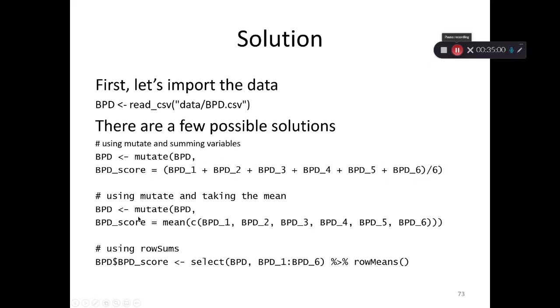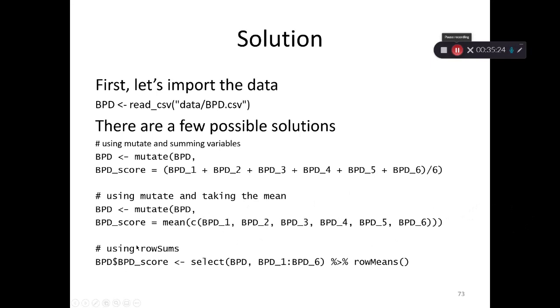Another way is this. Using mutate, you create a new variable BPD score, which is the mean of, and here comes the difficulty, you need a vector to include all, so you need a concatenate symbol to include all the items you want to compute the mean of.